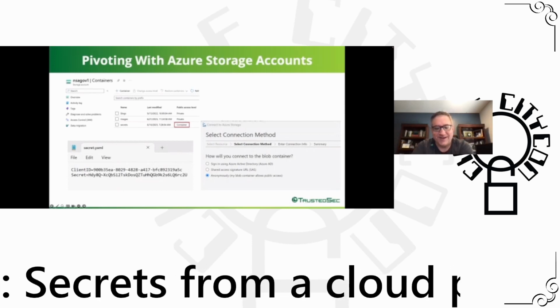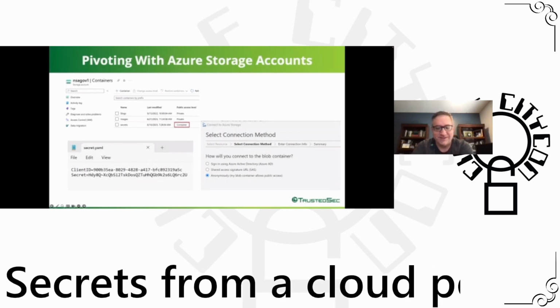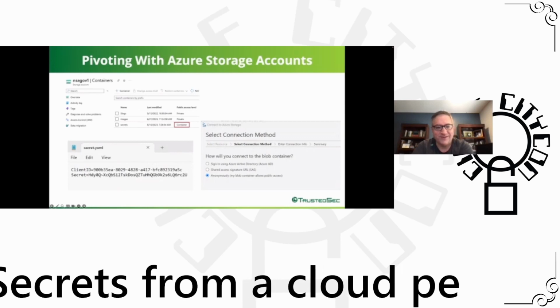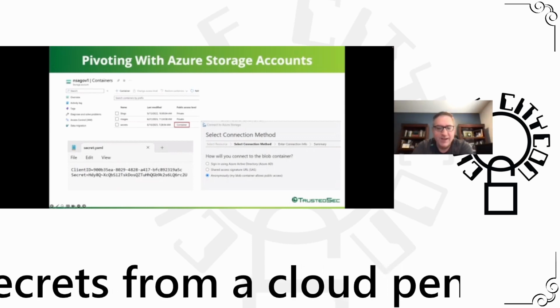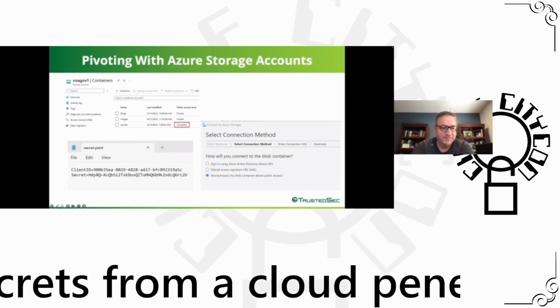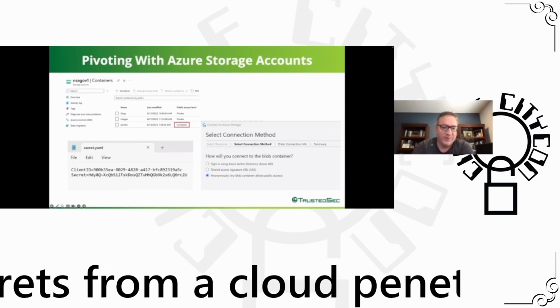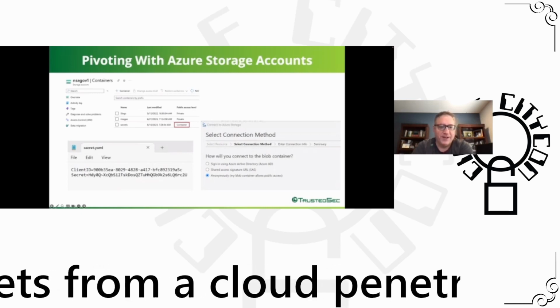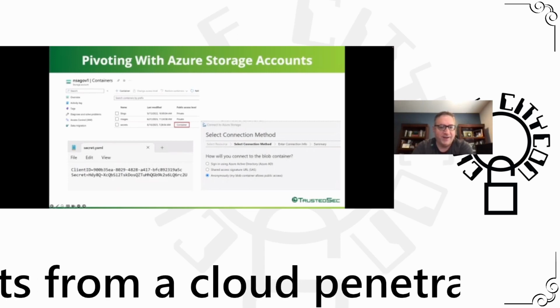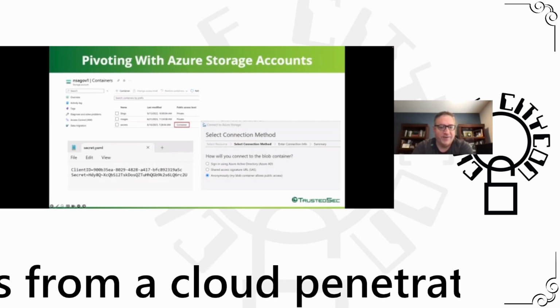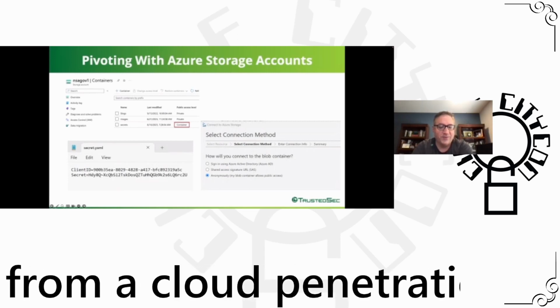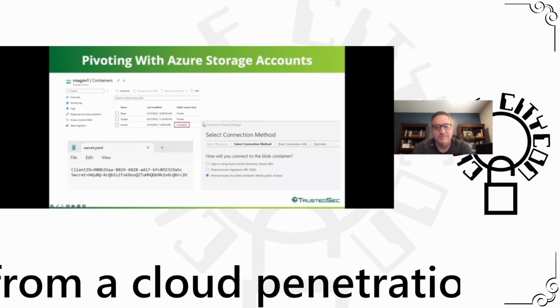This was a secret that actually was live in my tenant earlier in the week before I deleted it. And it's just a client ID and secret. We have no idea what it is. We have no idea what it goes to. But we know we have a client ID and secret that we need to start looking to see what it is in the Azure environment.